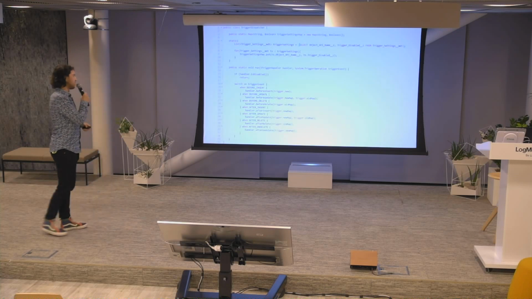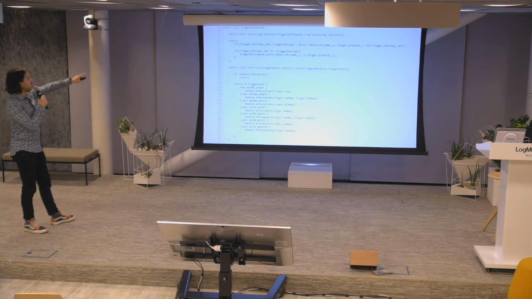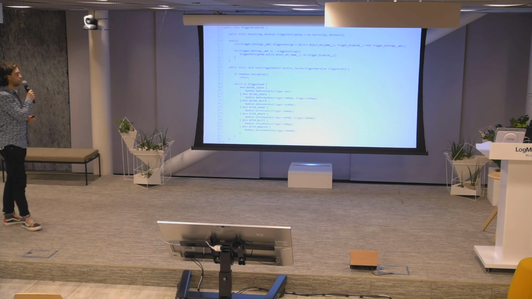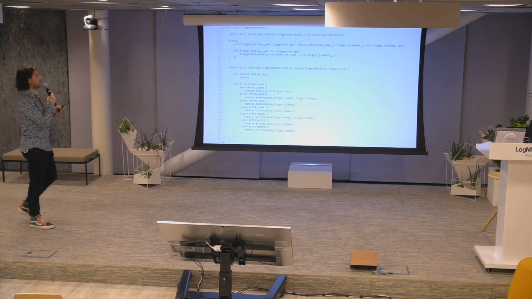And we have a trigger dispatcher class like this, which queries the custom metadata from the database and builds a map from it with the object API name and a Boolean checkbox for whether the trigger is disabled or not.